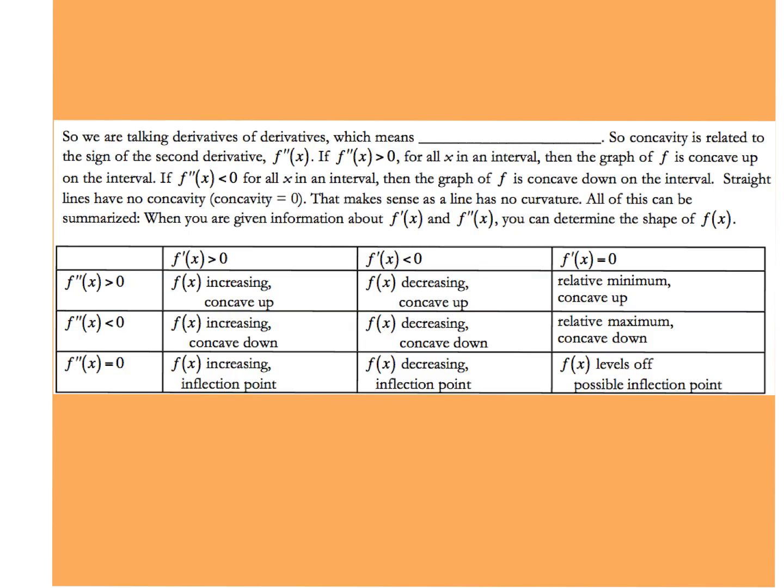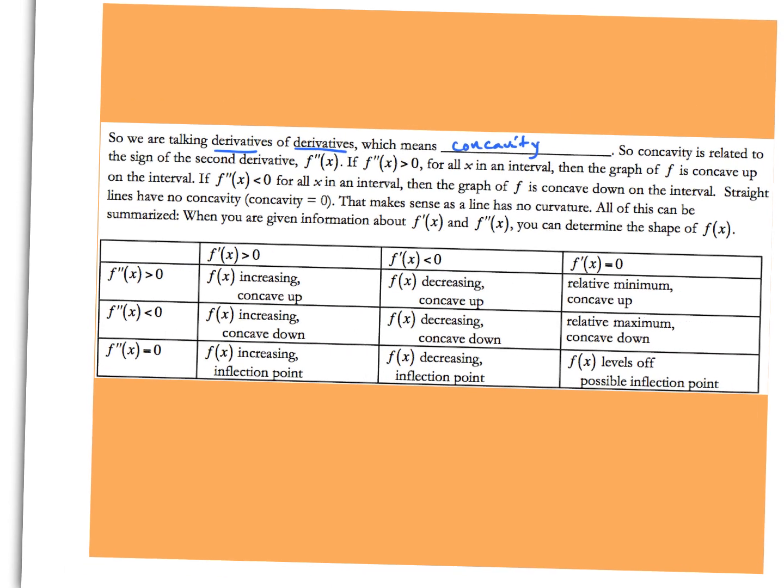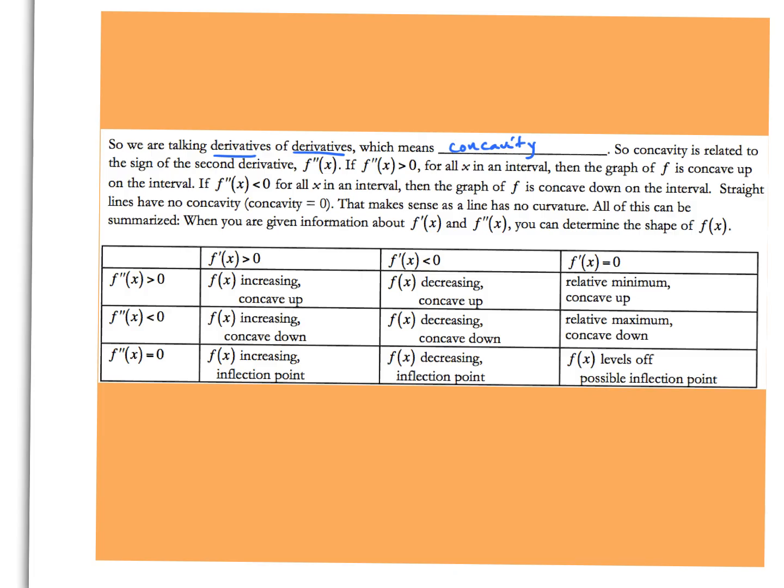All right, so when we're talking derivatives of derivatives, that actually means what? Concavity. All right, so a derivative is a what? A slope. And so concavity is really a slope of a slope. If some people like to look at them with this little chart thing, that would be totally good.